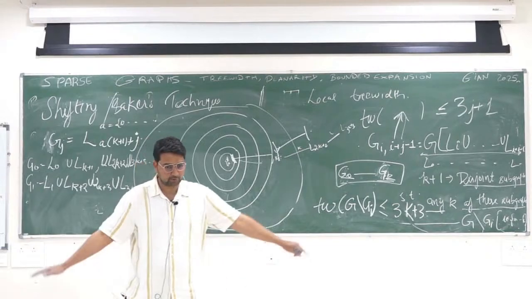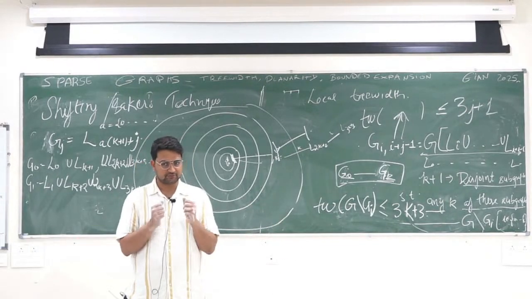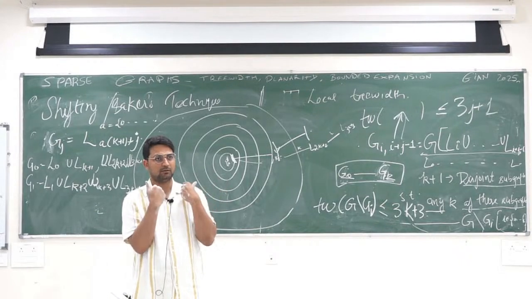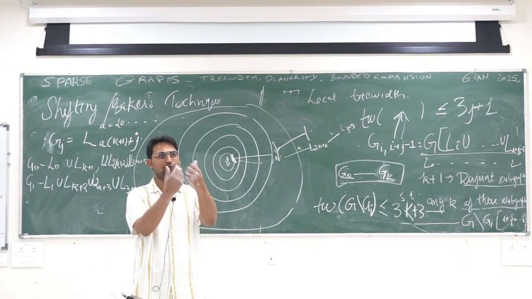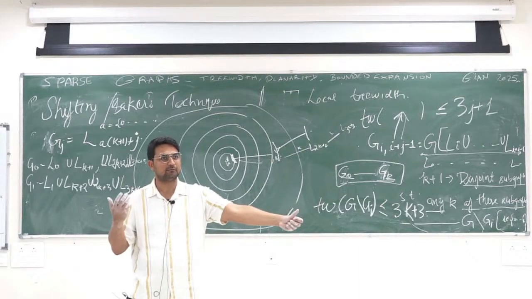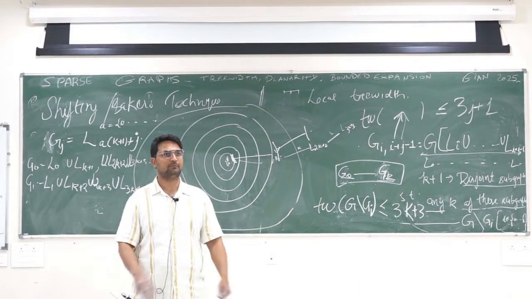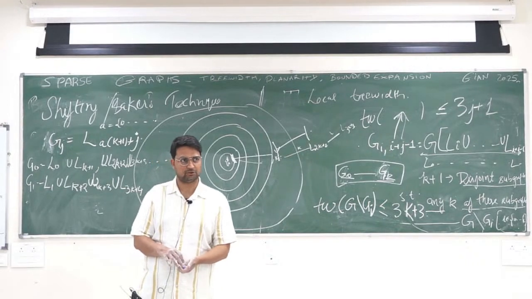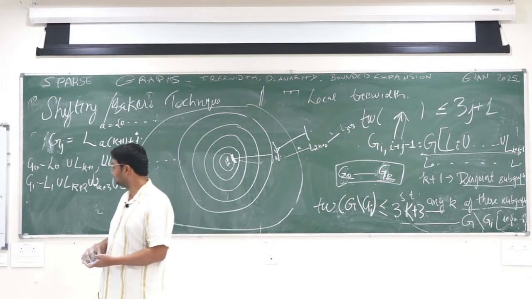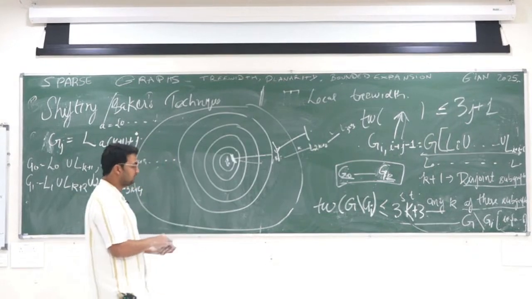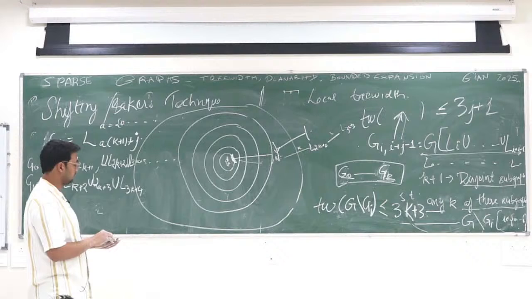Your graph may have unbounded treewidth, but you just let me remove 1 by k plus 1 of your graph, and I'll let you choose which of these k plus 1 parts you want to remove. Still the treewidth will be bounded. This is what I want to establish. Even if G has unbounded treewidth. Of course. Yes, G may have unbounded treewidth.